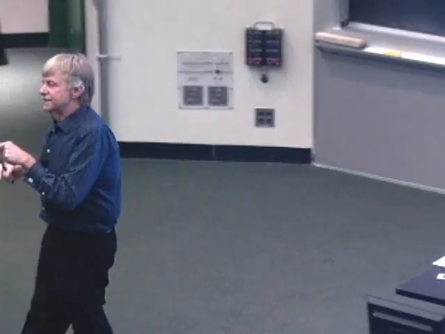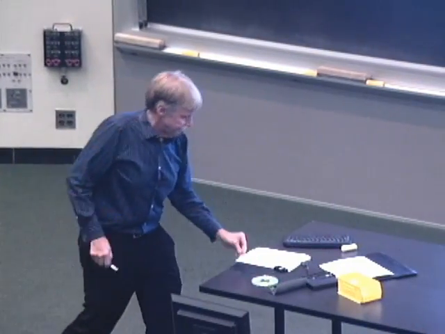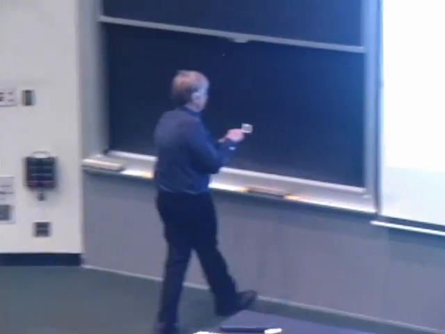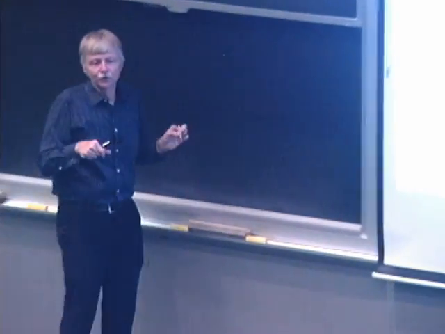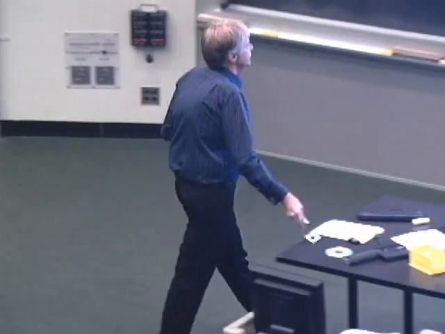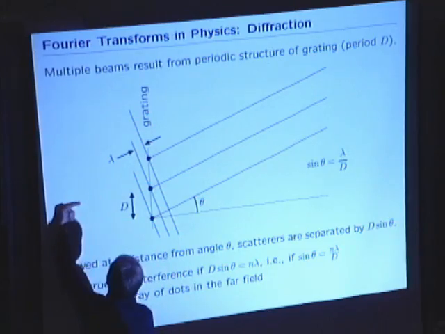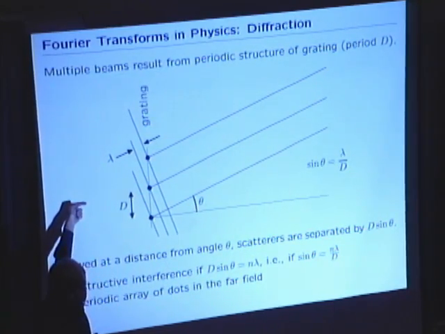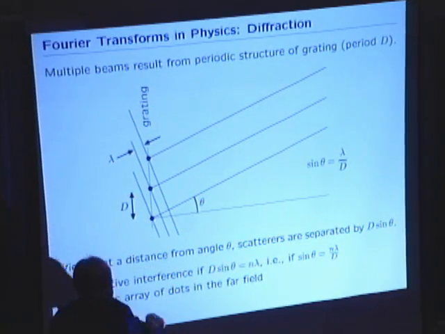And the reason that you see the far field pattern, we call that the far field pattern as opposed to the near field pattern. If I were to put it very close, then I would think about the pattern being the near field pattern if I get close compared to D. So if the slits are D apart, the near field is kind of D close, and the far field is when I'm far away compared to D. So if I'm far away compared to D, then you can imagine that the light's coming in this way, and each one of these generates scatter.